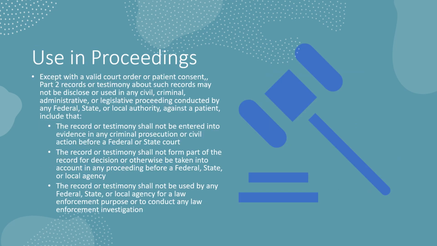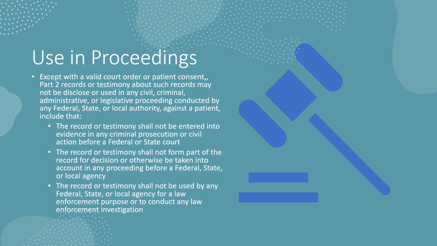So for use in proceedings, except with a valid court order or patient consent, Part 2 records or testimony about these records cannot be disclosed or used in any civil, criminal, administrative, or legislative proceeding conducted by any federal, state, or local authority against a patient. It includes that the record or testimony shall not be entered into evidence in any prosecution, either criminal or civil, before any federal or state court.